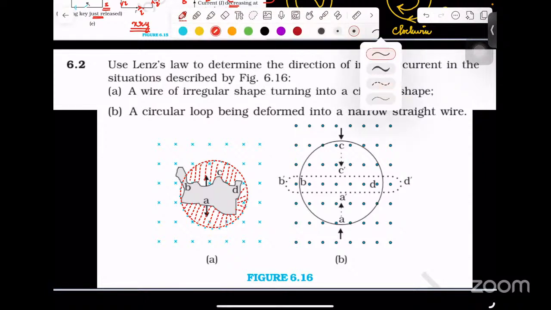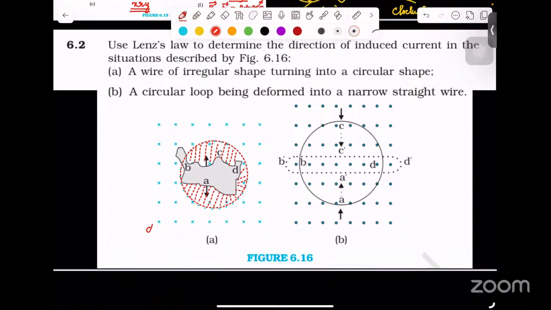So what happens is the flux increases, okay? So this d phi upon dt increases, okay? As a result, the induced current will, as per Lenz's law, induce an opposing current, okay?